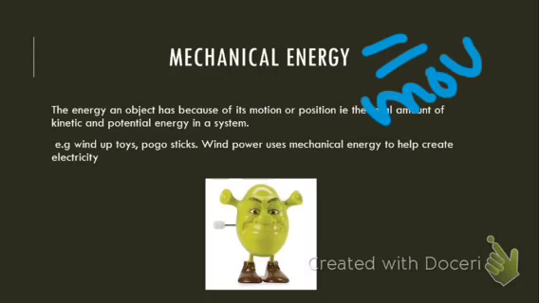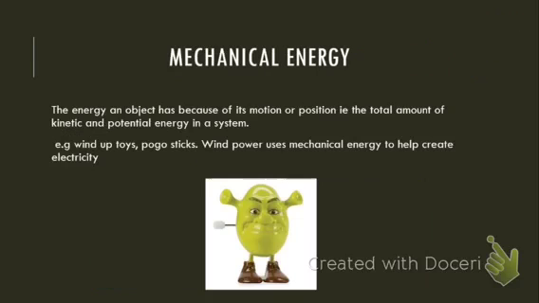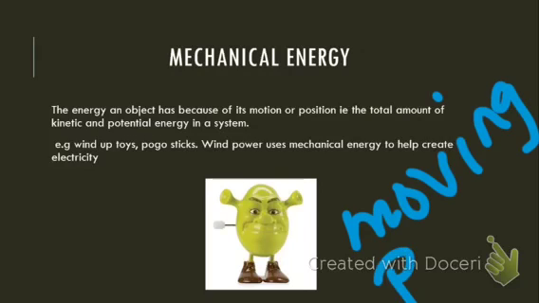If it has moving parts, then it's mechanical. So wind-up toys, a pogo stick, wind power uses mechanical energy because it makes the windmill itself rotate around. So moving parts is going to give you mechanical energy.